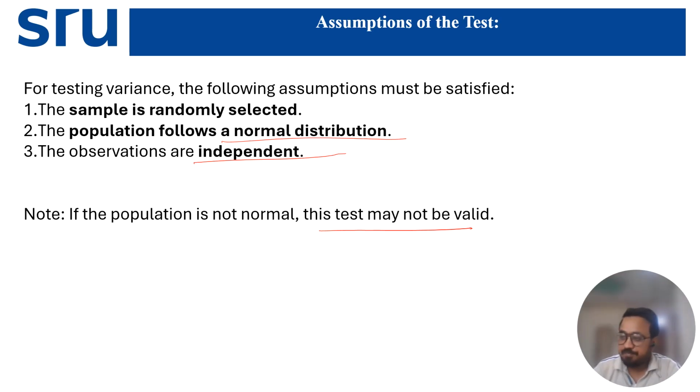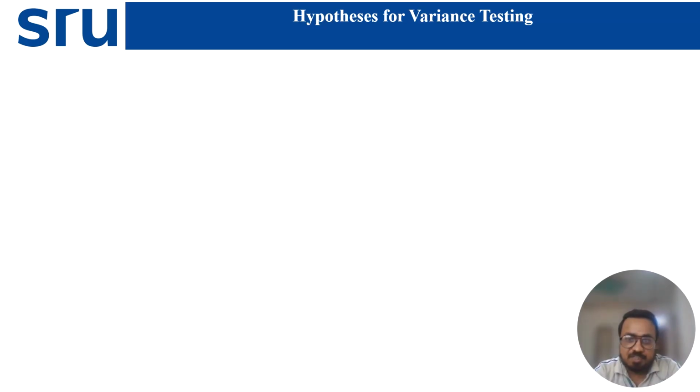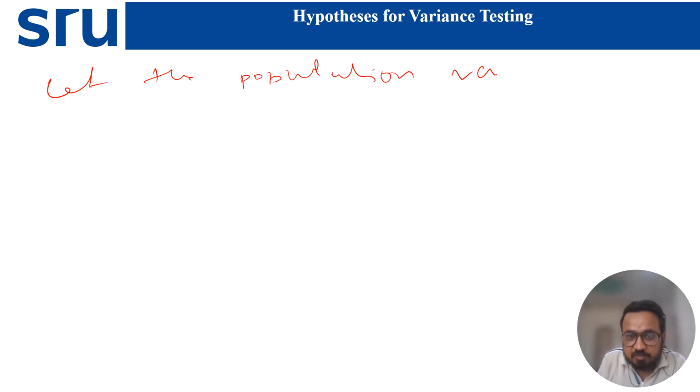Now we discuss the hypothesis testing for the variance. Let the population variance be sigma square. Then what are the steps for the hypothesis testing?